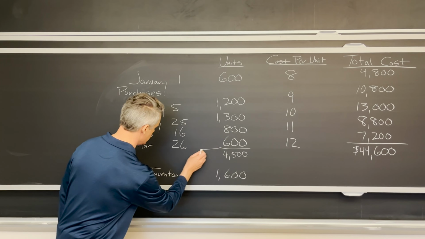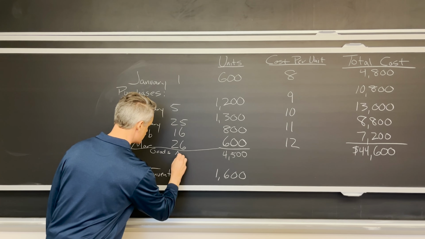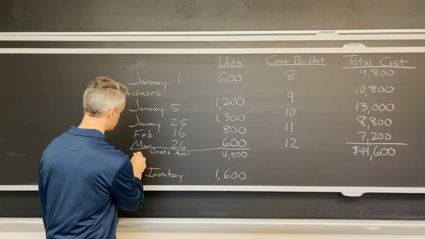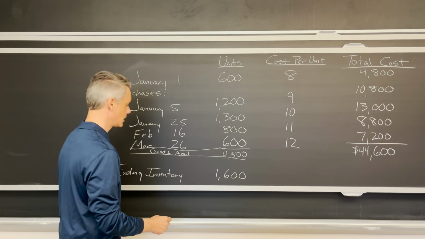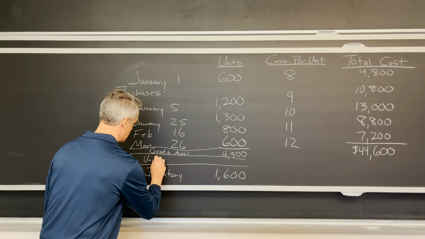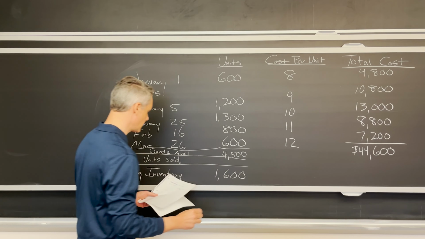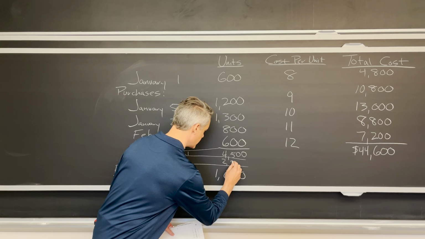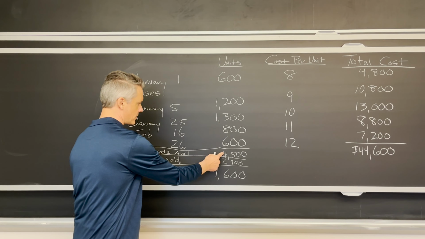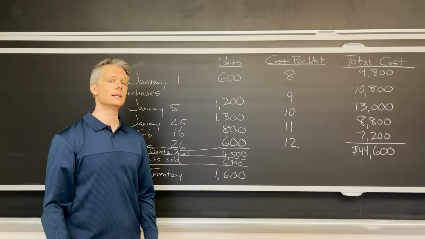So I'm going to label this one goods available, and this one is going to be, I'll call units sold. That comes to 2,900 units. This makes sense. We sold 2,900 out of the 4,500 we had, and that left us with 1,600 units.